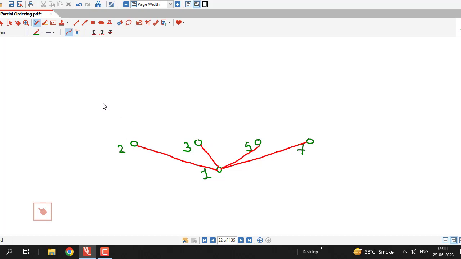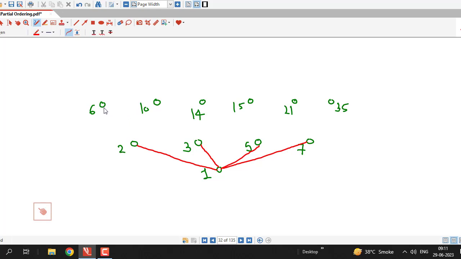So let me write one circle for 6, then one circle for 10, then one circle for 14, another circle for 15, and 21, and a circle for 35. And now we have to draw the line segments.